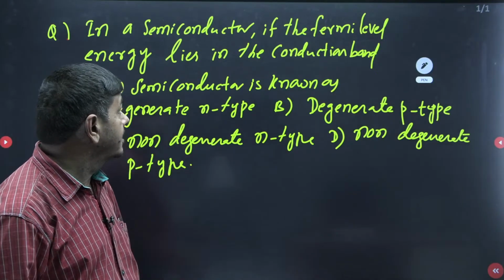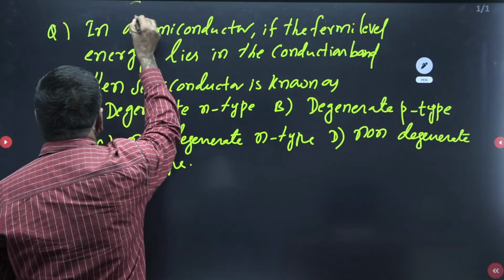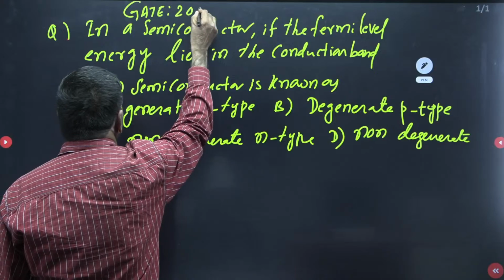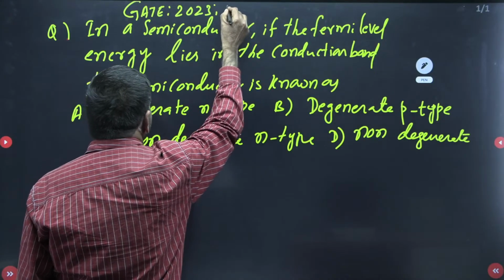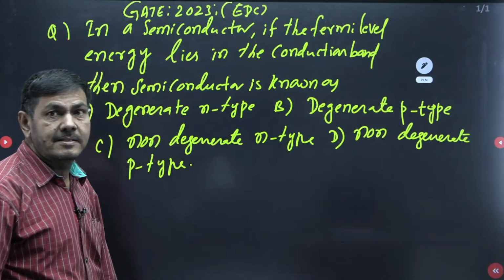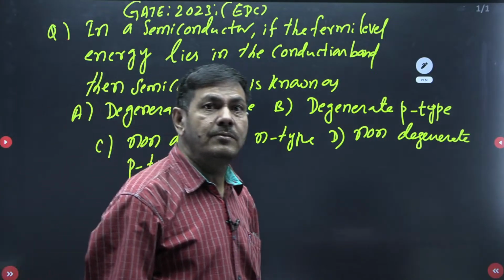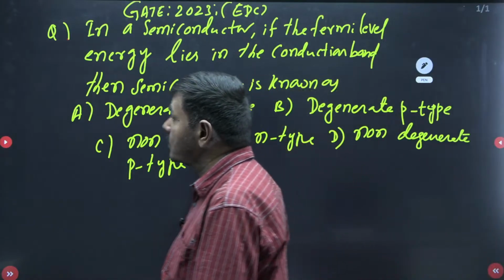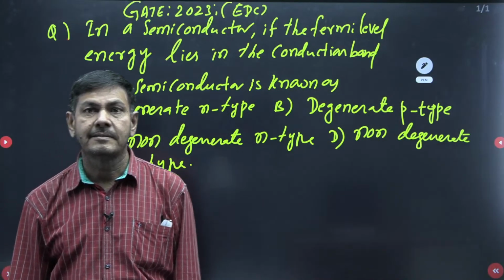Anybody can give the answer. This is a GATE 2023 paper, a 2023 question from EDC, from electronic devices and circuits. Can any student give the answer for this question? Anybody?